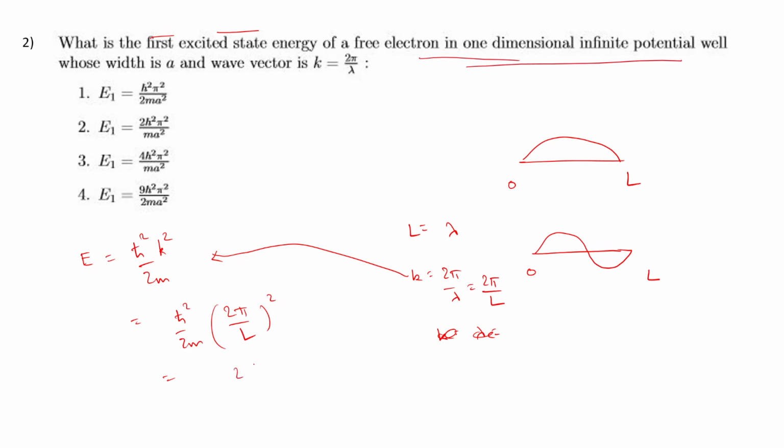So it is 2ħ²π² over mL². So this is your first excited state. If you remember the general formula, it is ħ²π²n² over 2mL². For the ground state n equals 1, and for the first excited state n equals 2.